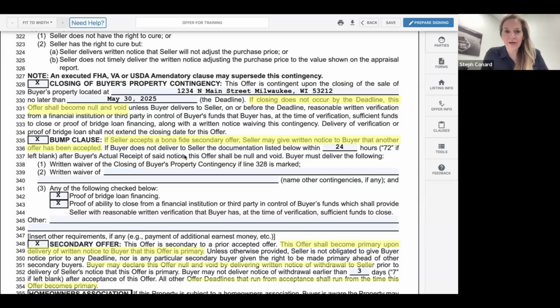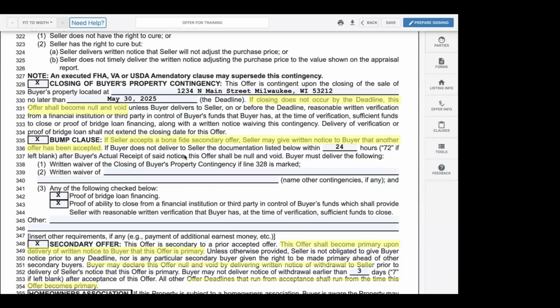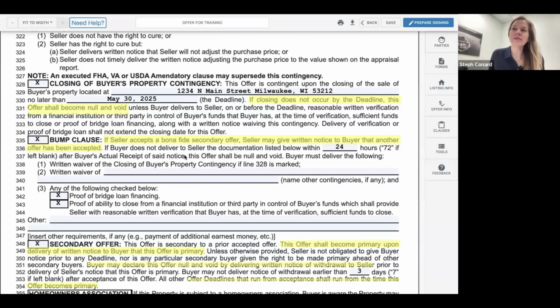Tao, did you have more questions? I'm going to get into the secondary offer language, and maybe that will clear up some questions. Just curious, if buyer one couldn't sell their house, what happened to the owner's money that they will pay? If buyer one couldn't sell their house, it would be expected that they would get their earnest money back.